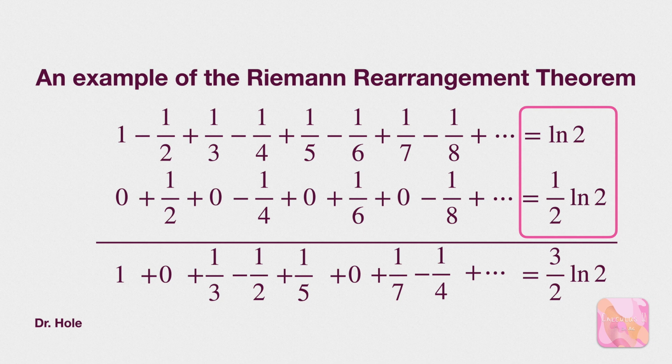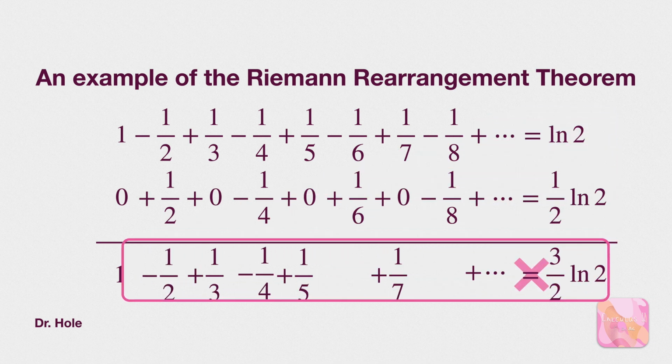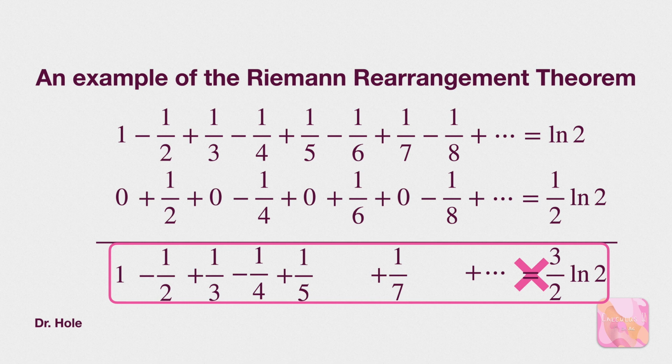All right, great. However, if we look at the left-hand side and we notice that we're reproducing all of the original terms from the alternating harmonic series, but in a different order, and if we put them back into the original order, we'll have ln of 2, which is not 3/2 ln of 2.